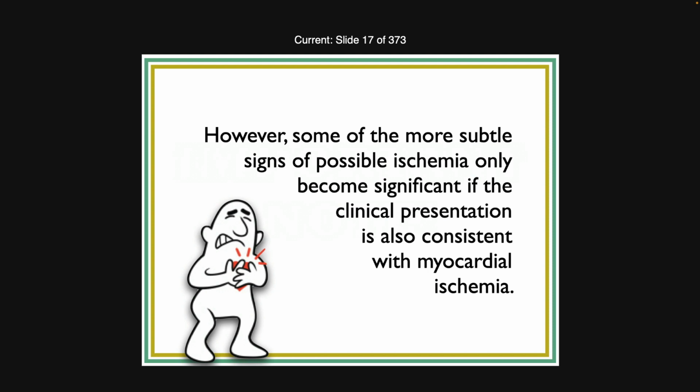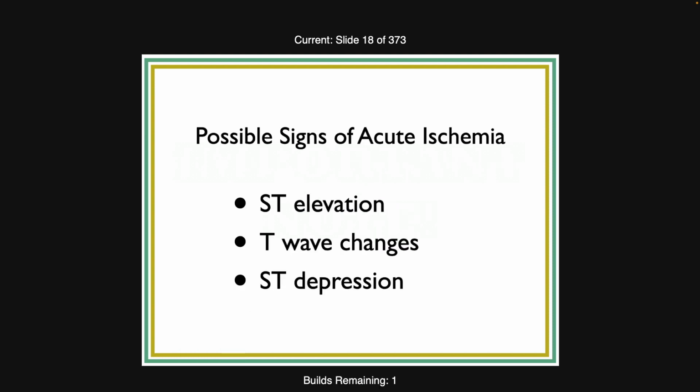Here are possible signs of acute ischemia, and we've talked a lot about ST elevation in the setting of a STEMI, so we're not going to be talking about ST elevation. And the truth is, we probably won't get far enough to get to ST depression, so we'll do that next time.